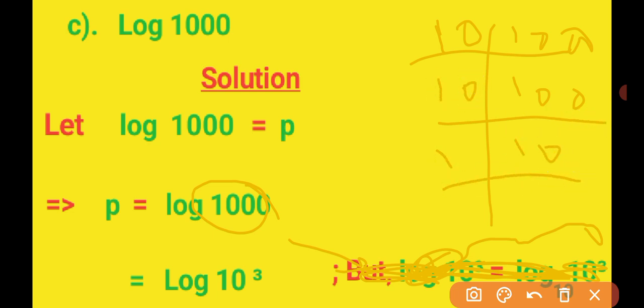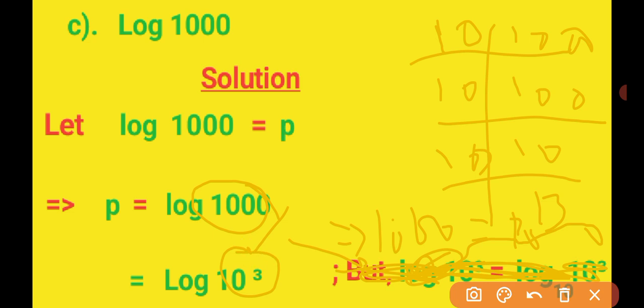And when you divide by 10, you get 1. So this will imply that 1000 will now be equal to 10 to power 3, as the one we have indicated down here.